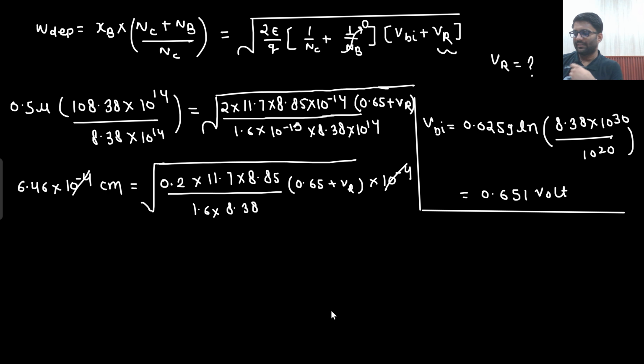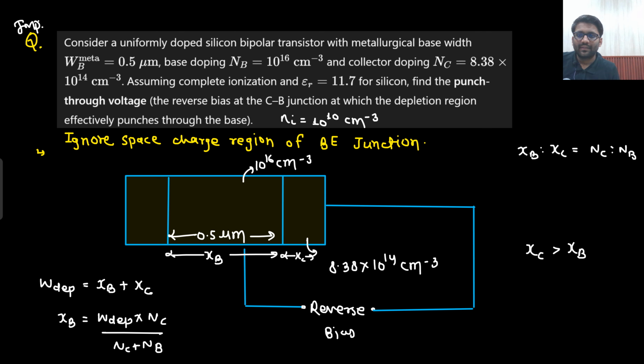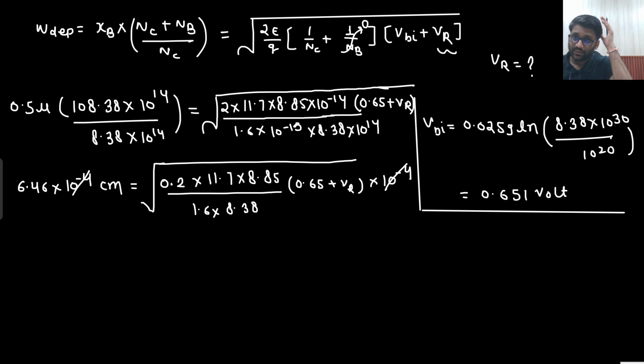26.42 I am getting. This was not the answer, as far as I remember, it was 24 something. How am I getting 26? 8.38. No calculation error, right? 2 epsilon by EQ, 8.85 Q, 1 by NC, 1.38, 1 by NB I ignored.